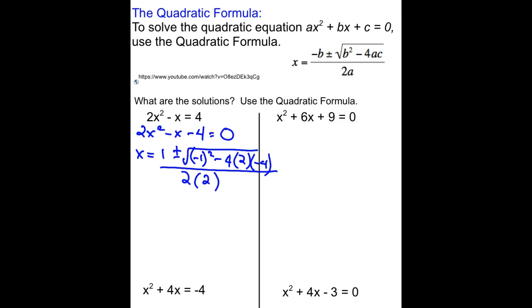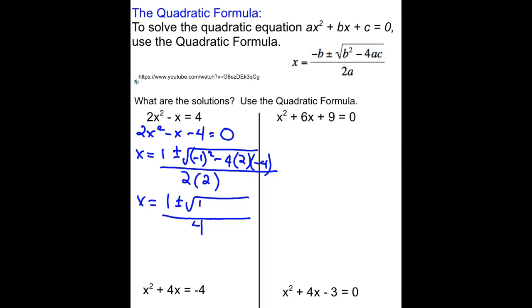So once we've gotten our one side equal to 0, we identify a, b, and c, we dump them into our equation. Then we start simplifying it. We've got 1 plus minus a big square root. Denominator becomes just a 4, 2 times 2. And now let's clean up what we had in that square root. What's -1 if we square it? We get a 1.